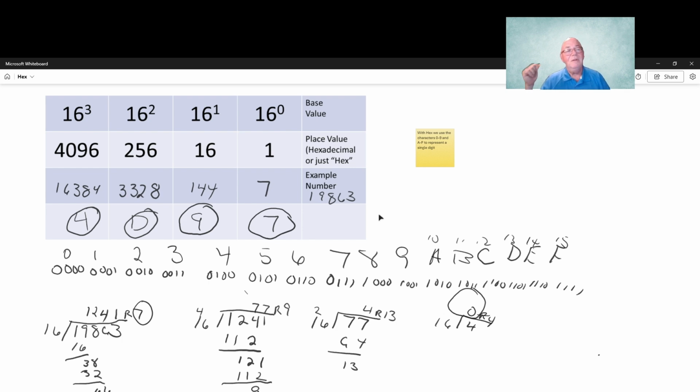So remember that the objective here was that at the end of this and doing your homework and everything, you should be comfortable doing these conversions from hex to binary to hex, and decimal to hex, and hex to decimal. You should be very comfortable doing those things. You should be able to achieve that 70% passing grade on your quizzes and exams.